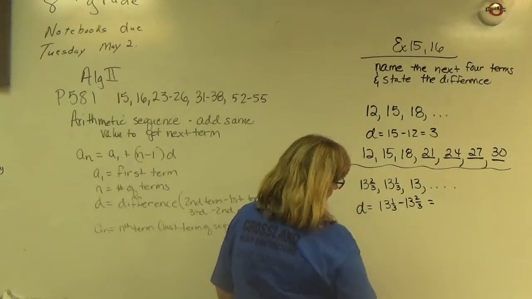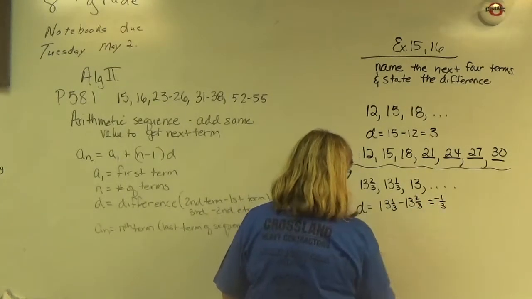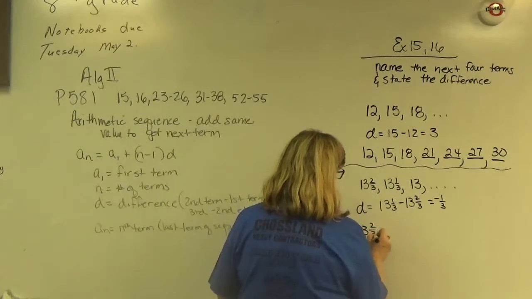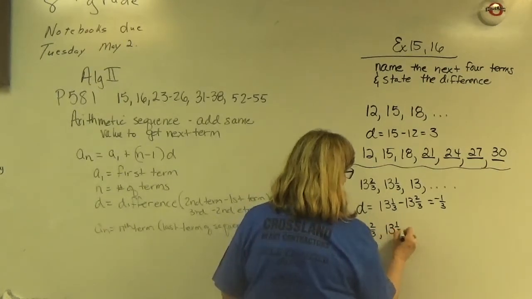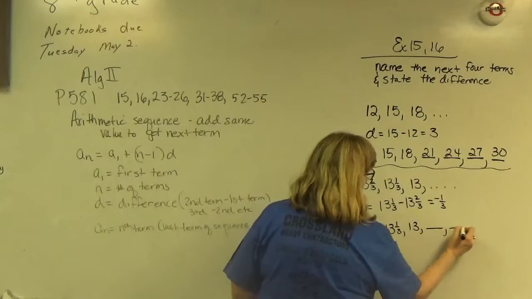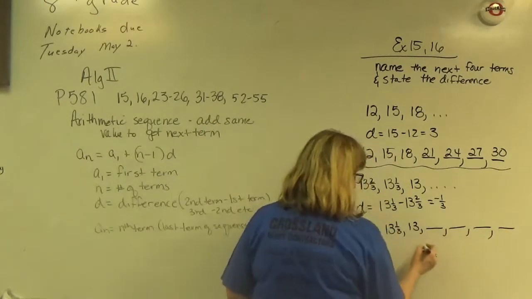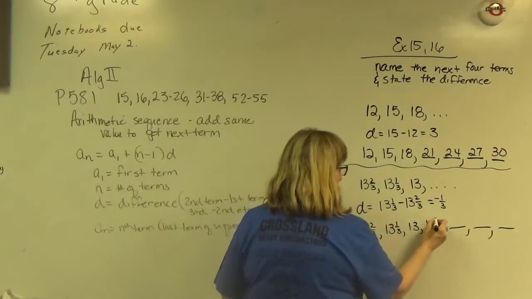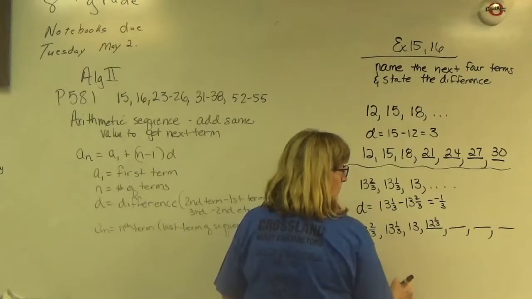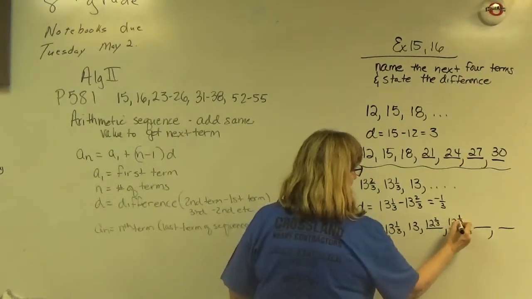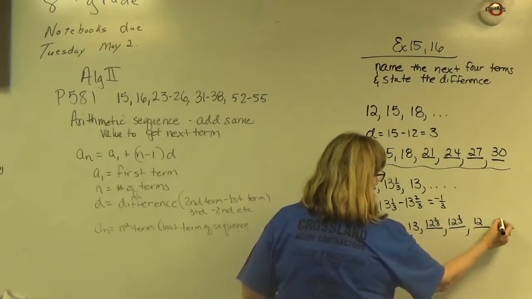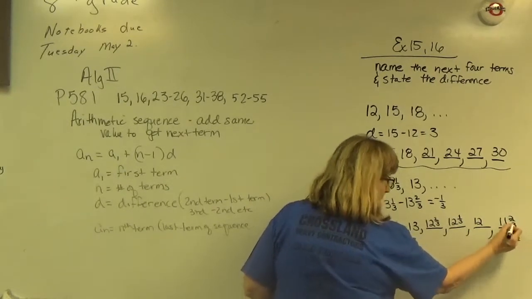So negative 1/3. So I have 13 and 2/3, 13 and 1/3, and 13. 12 and 2/3, 12 and 1/3, 11 and 2/3. Does everybody agree?